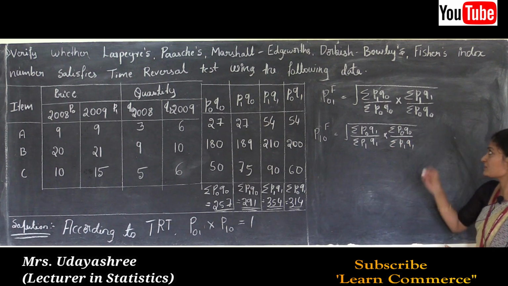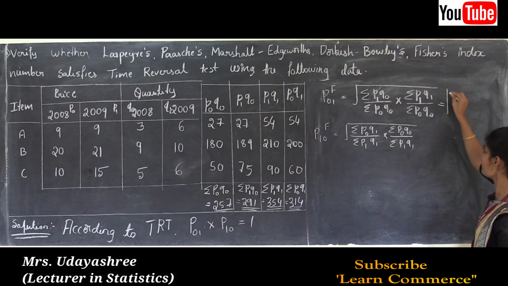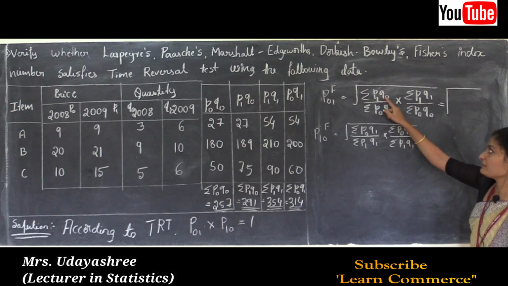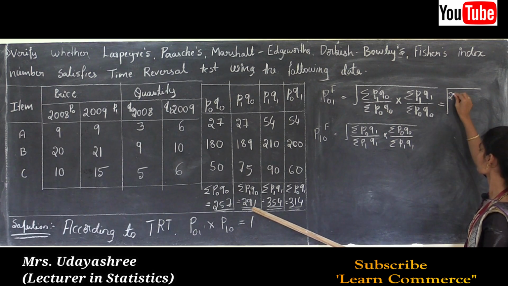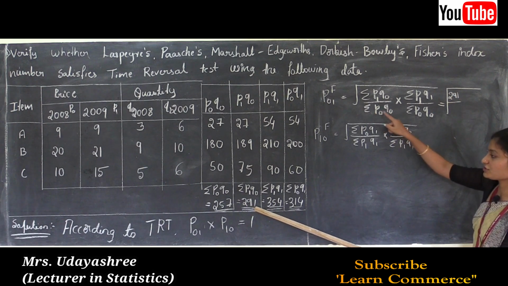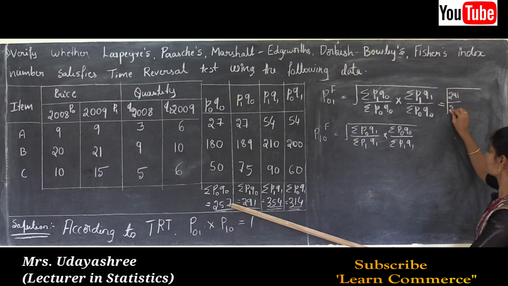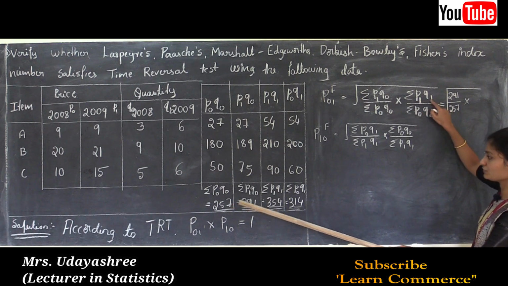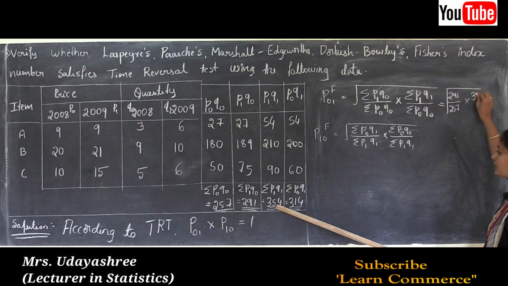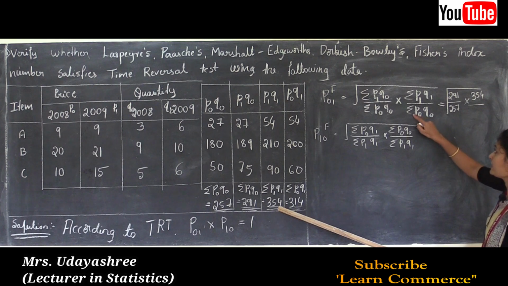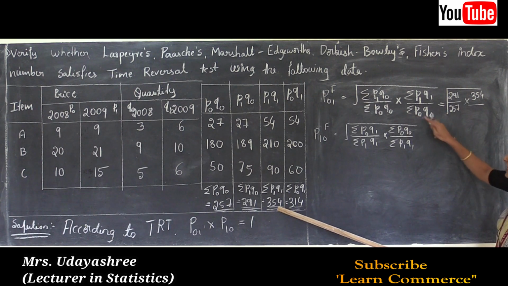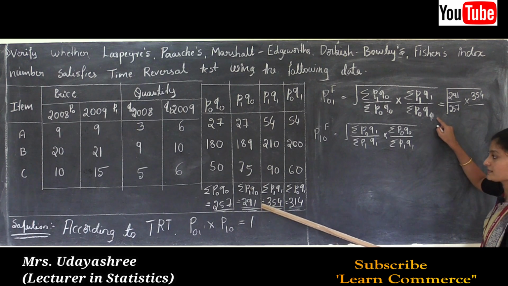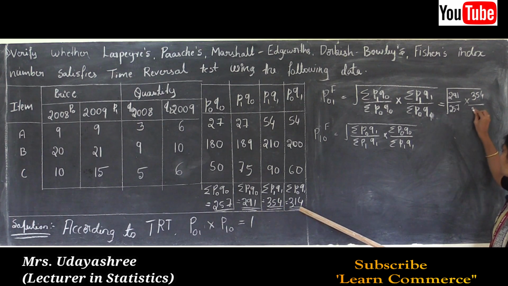Now I will substitute the values. Here, square root of summation P1 Q0, which is 291, divided by summation P0 Q0, which is 257, into summation P1 Q1, which is 354, divided by summation P0 Q1, which is 314.